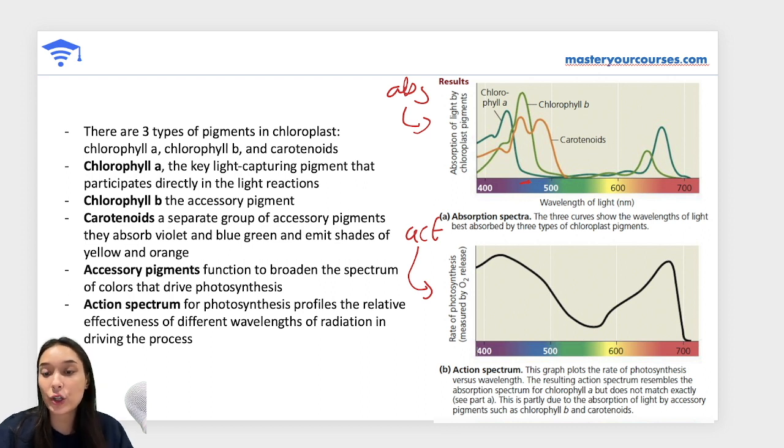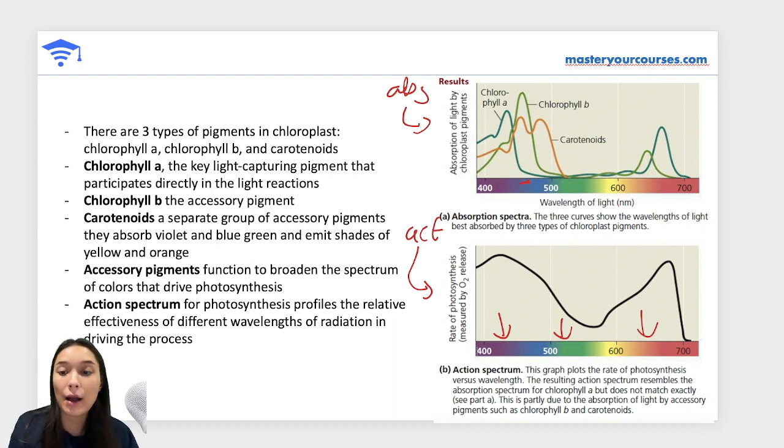And then the action spectrum shows you the rate of photosynthesis at each wavelength. They're related to one another, but they don't show the same thing. This one shows the rate of photosynthesis and the actual action of this set of steps. However, it does relate to the absorption spectrum in the sense that as you increase light absorption, you're also increasing the amount of photosynthesis because you're getting more reactants to then turn into products.